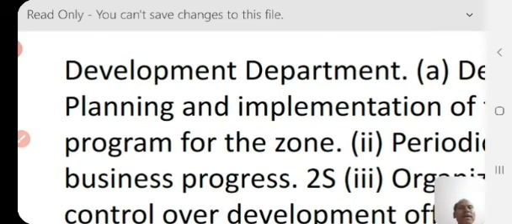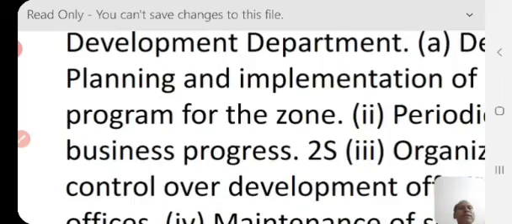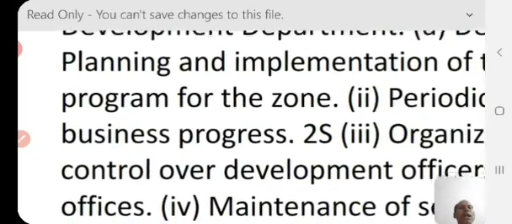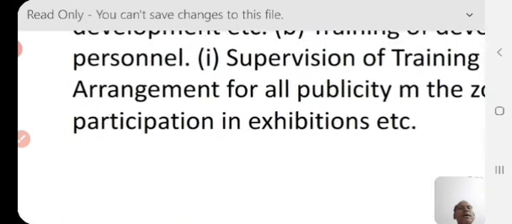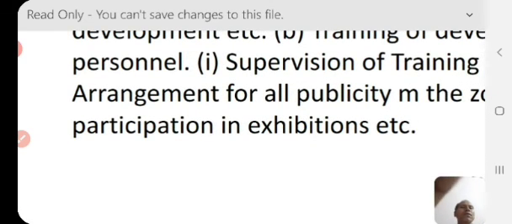There are three departments at the zonal level, and we shall move further.